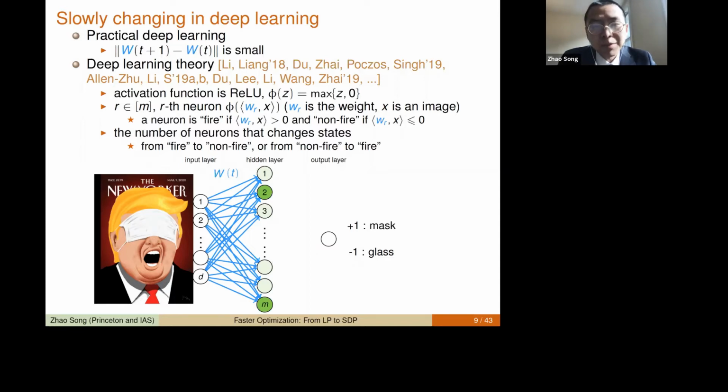At time step t, only two neurons fire, node 2 and node m. Once you go from W_t to W_{t+1}, the third neuron becomes fire, and all the other neurons don't change their states. Then you move to the next iteration, W_{t+2}, the last neuron fires, and all the other neurons do not change their states. That, in some sense, explains what I mean by slowly changing in theory.